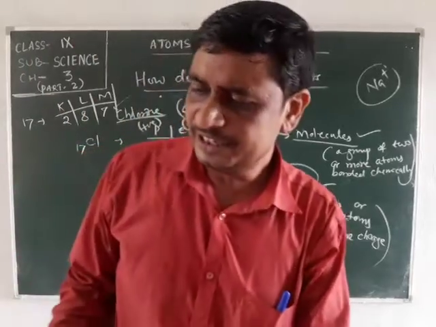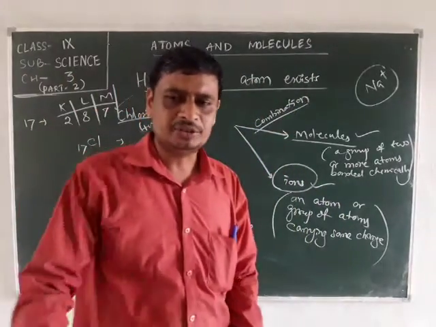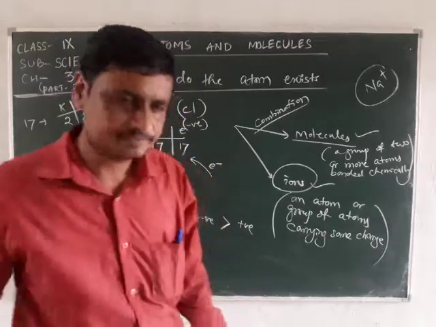These positive and negative ions are called cation and anion. Similarly, if we take more than 2 atoms, we also get ions.